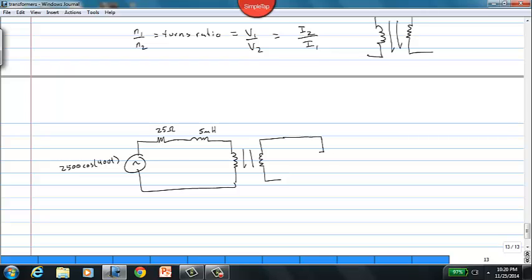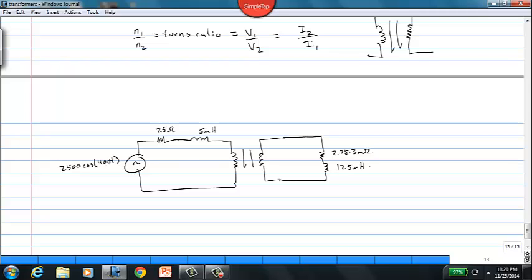And the ideal transformer, all it does is serve a load that is inductive. It's a lagging load, 273.5 milliohms, and 125 microhenries.